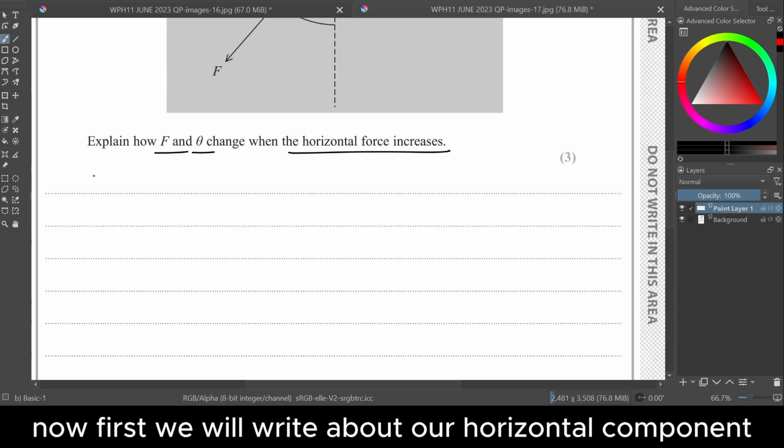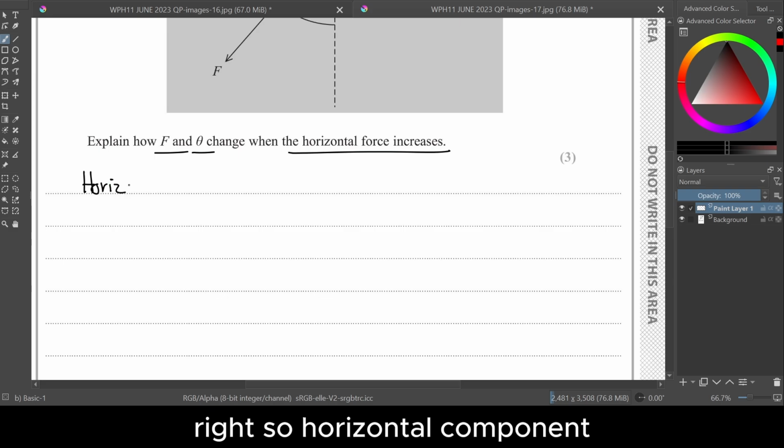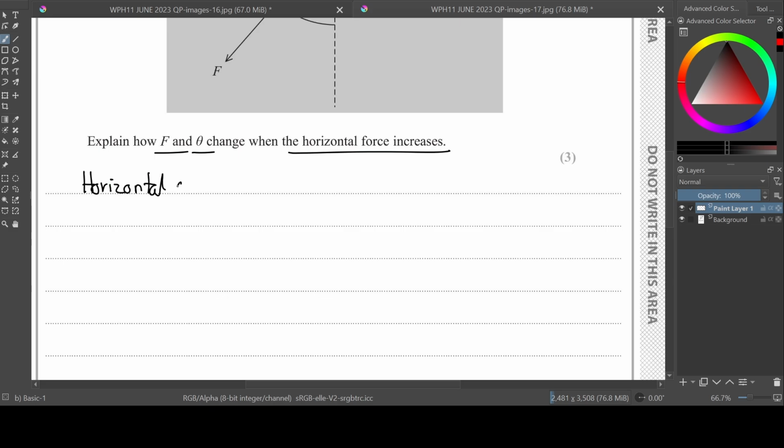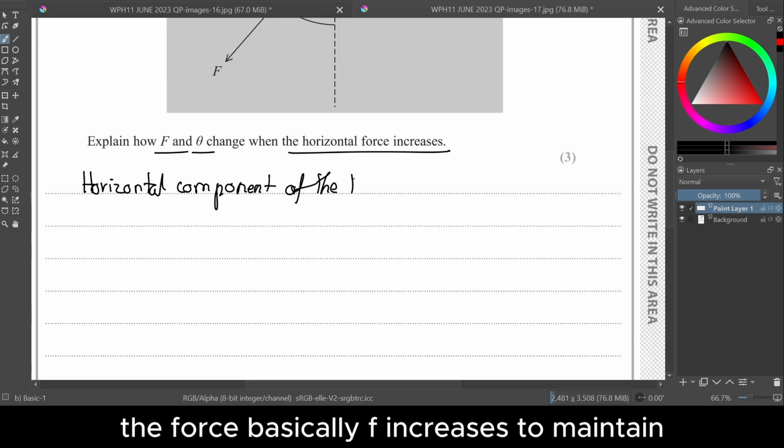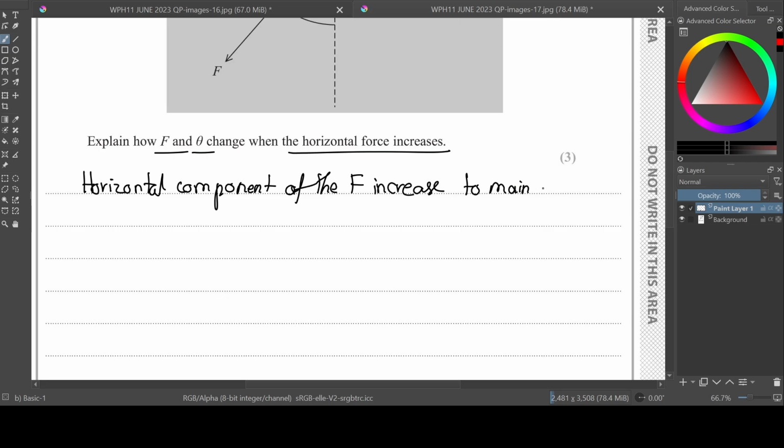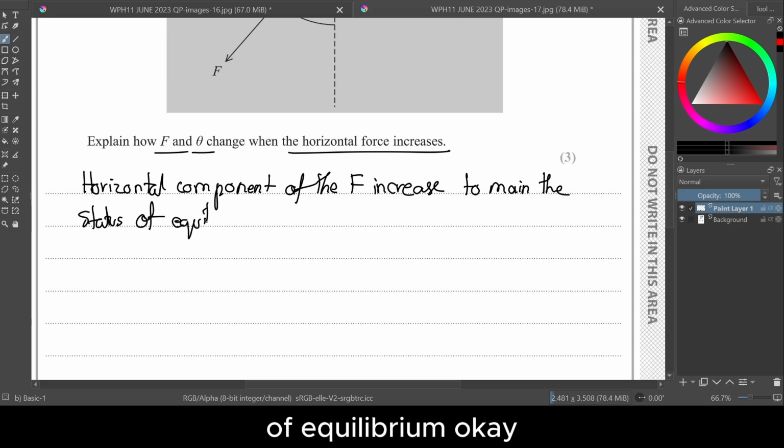Now first we will write about our horizontal component, right? So the horizontal component of the force, basically F, increases to maintain the status of equilibrium.